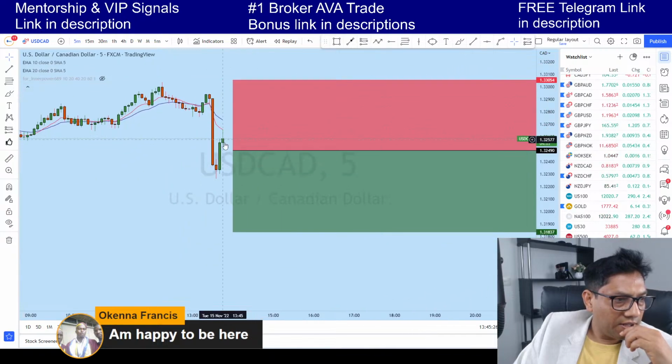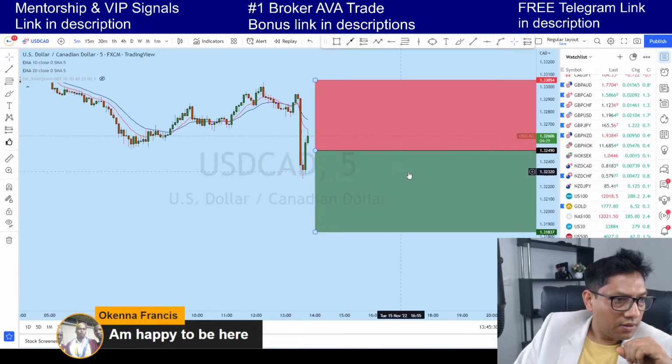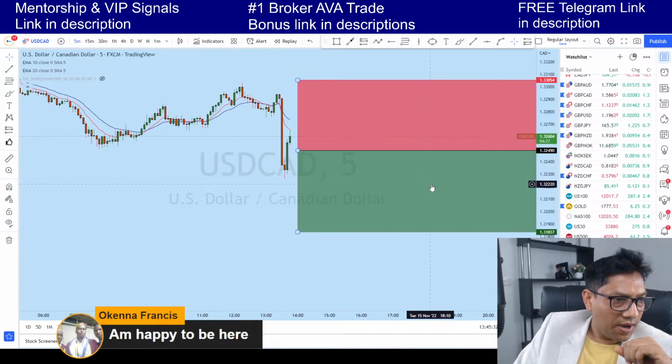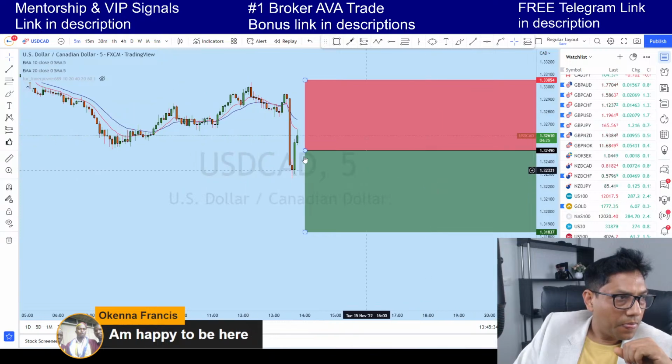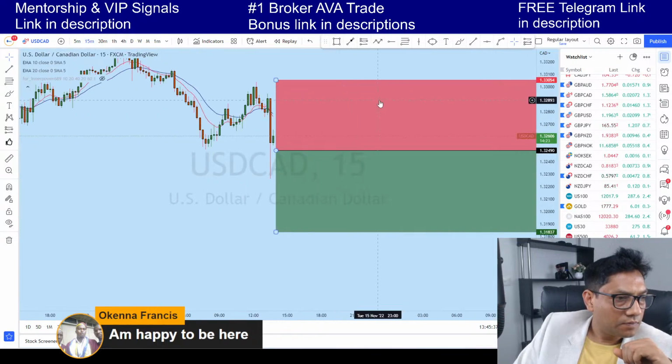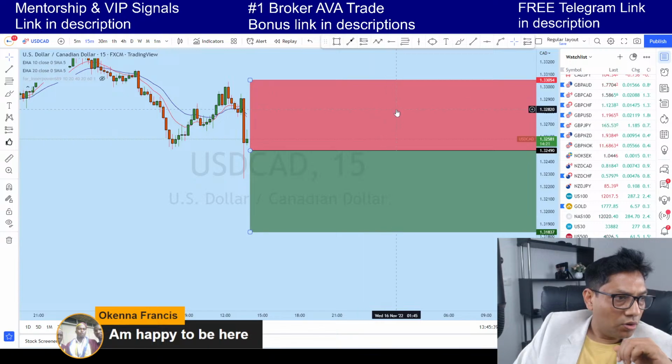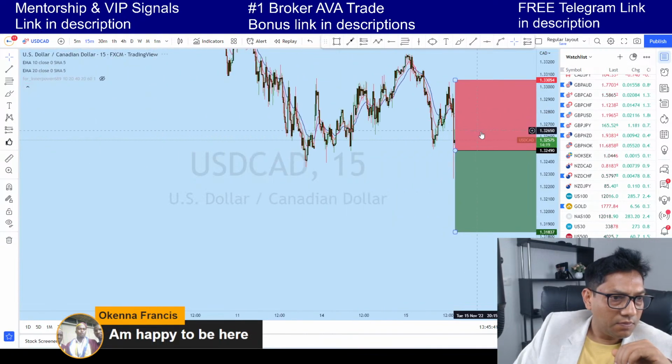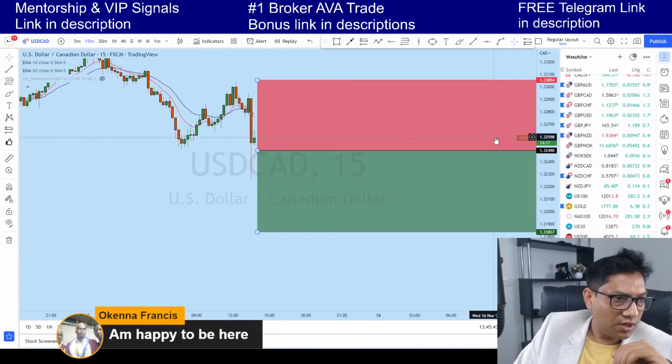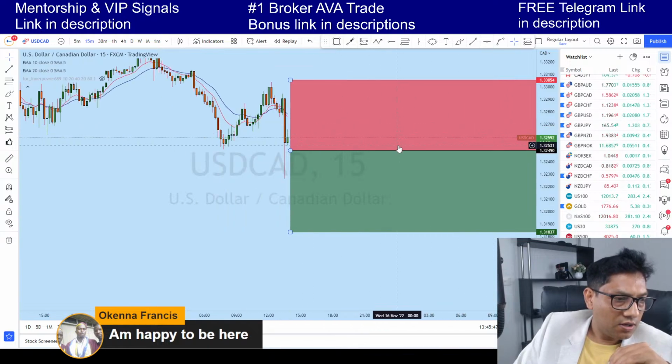What I'm expecting is this one to create a narrow candle and then come back down again. On the 15 minute perspective, the price action is still bearish, unless it is going for a stop loss hunt.